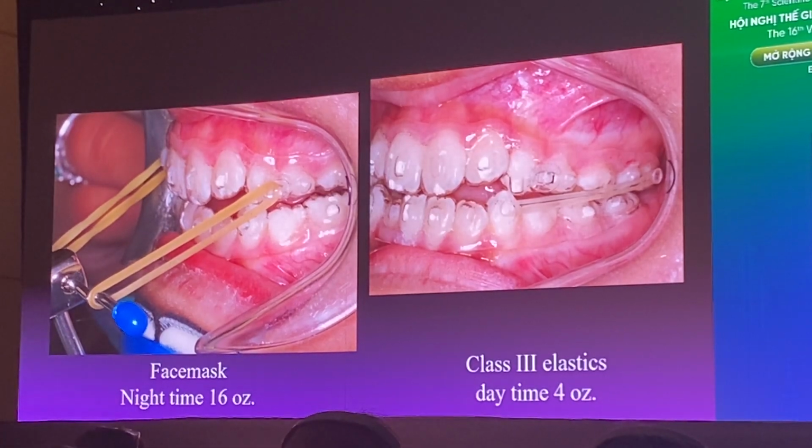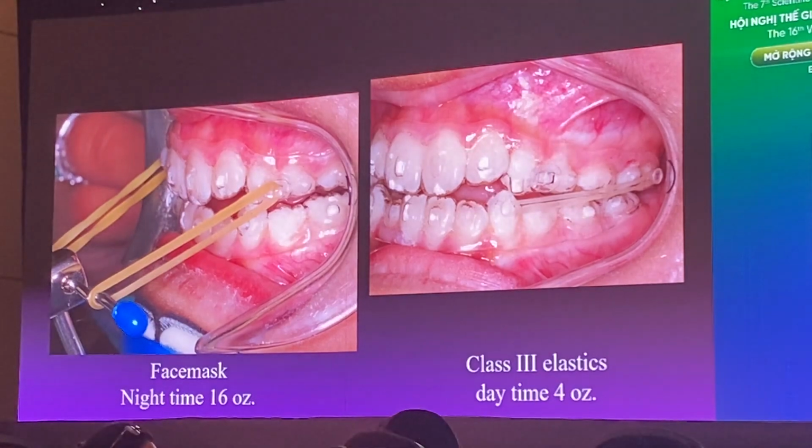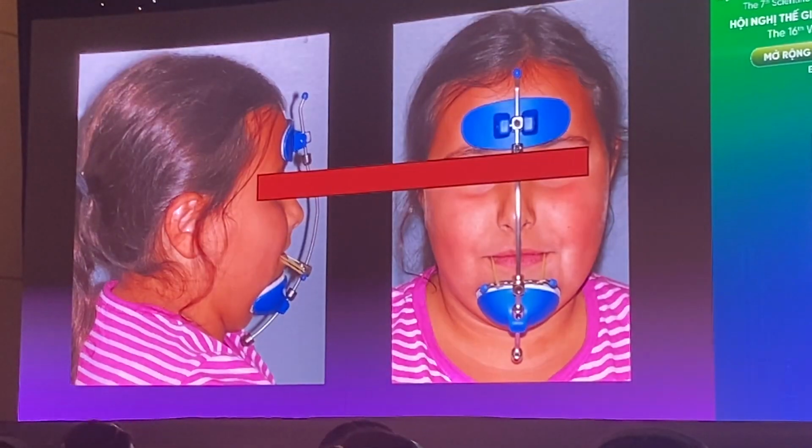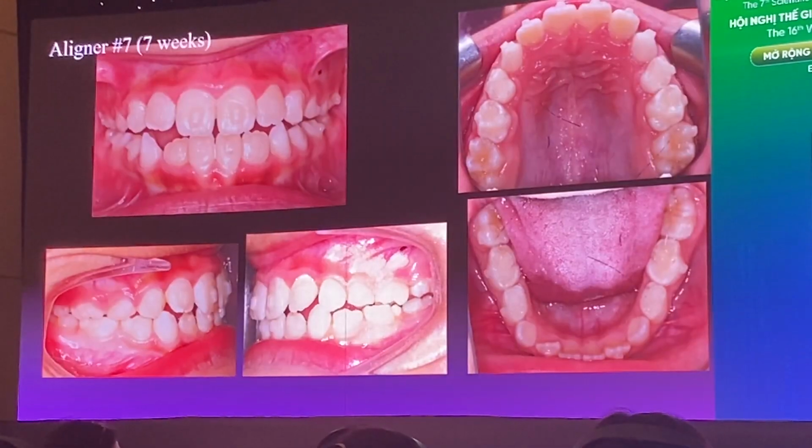You can put it in there for nighttime connecting to the face mask, and then daytime class 3 elastics. Oh, isn't it cool? You know, just add a few buttons in there. You can try it, all right? So, does it work? Check it out. Okay, so nighttime and then daytime elastic.